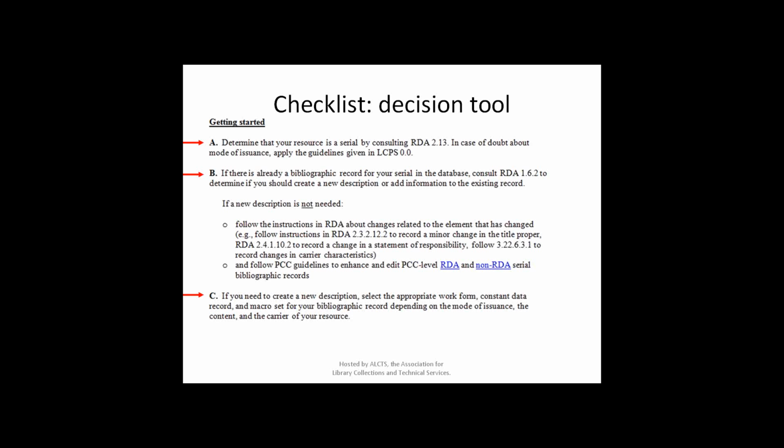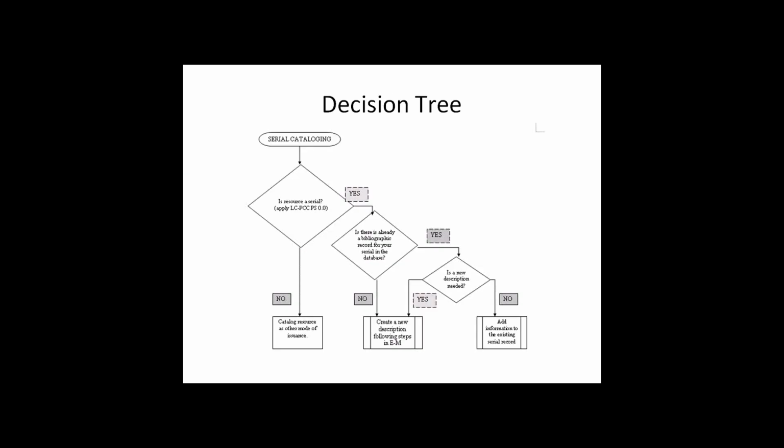Then there are things outside of RDA: is there already a description available in the database, and what decisions do you have to make about that, and if there is a description, does a new record need to be created because of a change in the serial? So it takes you through that decision process, and to aid the cataloger, we've included a decision tree.